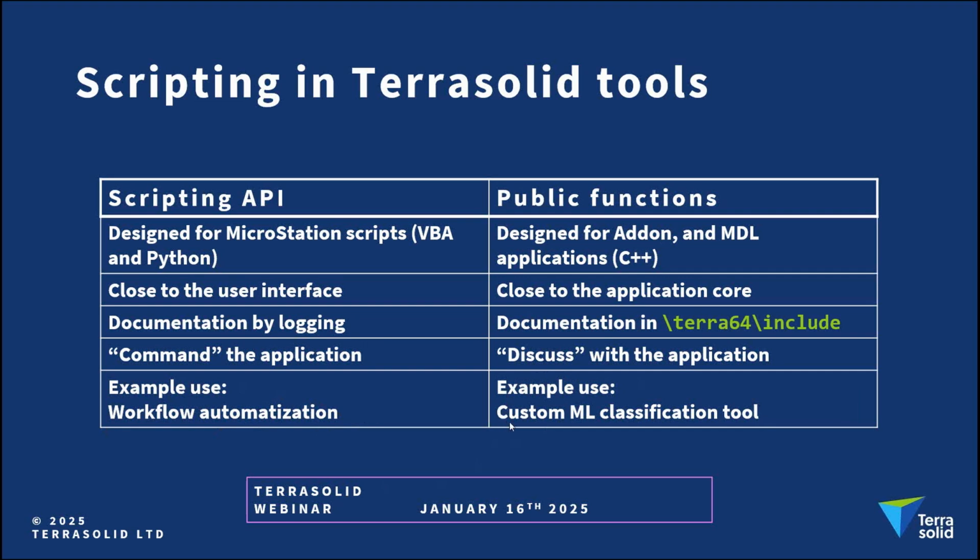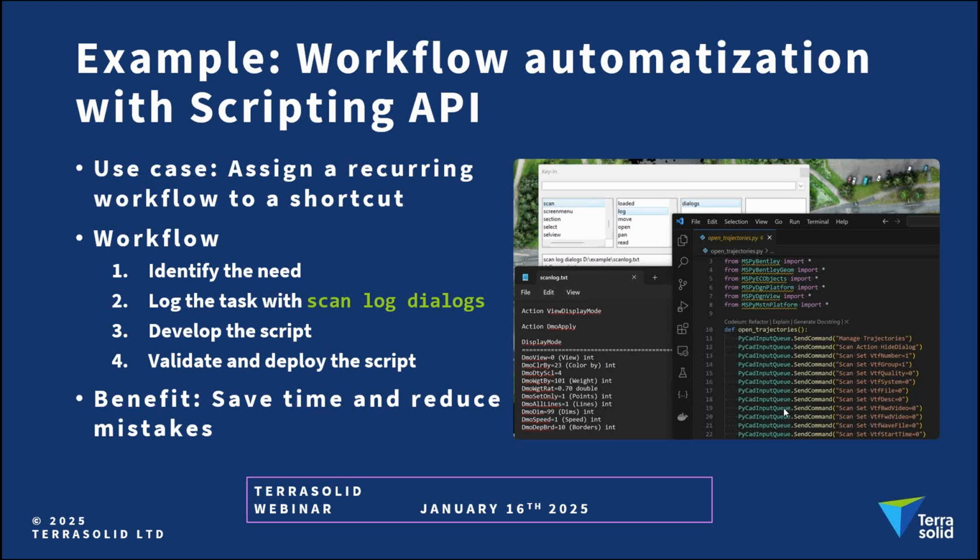So we can access the loaded data, manipulate the data, and implement this way our own tools on top of the software using simple scripts. And then I will show some examples how this is done in practice. And first I will demonstrate the utilization of this scripting API.